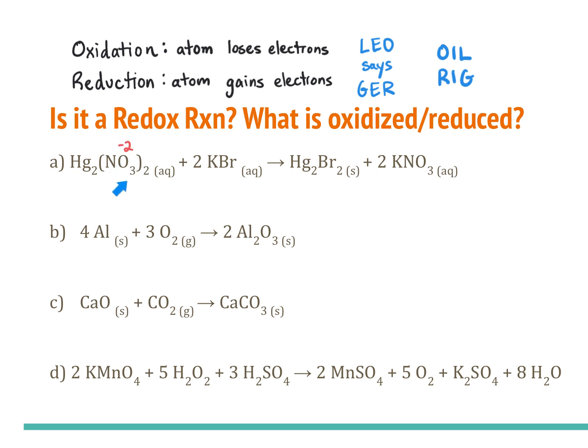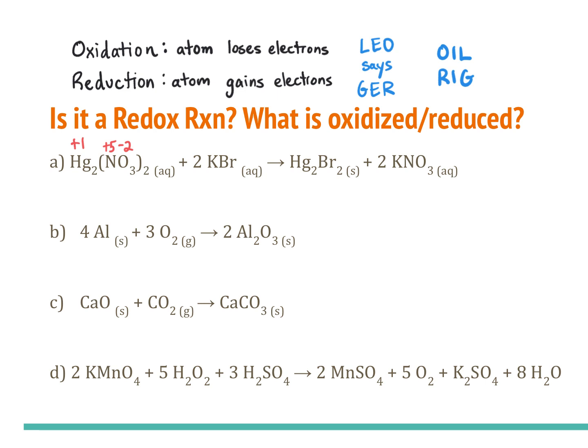So if this is -6, then the nitrogen has to be +5 because 5 minus 6 gives us -1. If I look at the mercury nitrate, there's 2 of them, each one has a -1 charge. So the mercury must each have a +1 charge so that this is an overall compound with a 0-sum oxidation number.